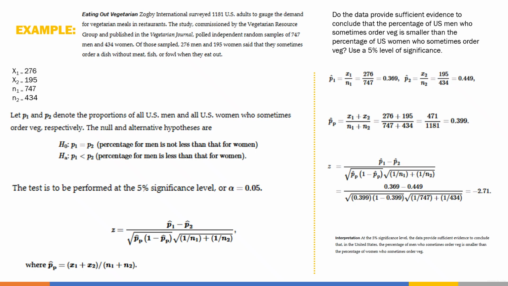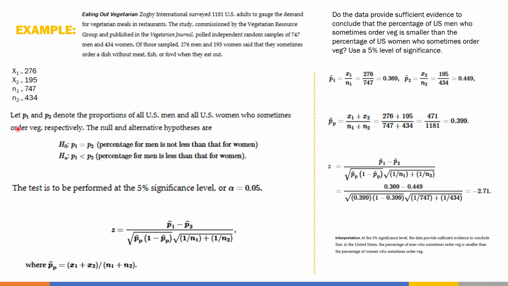So you're going to want to stop and write that down. As you're going through the equation, write down what you know. Let p1 and p2 denote the proportions of all US men and all US women who sometimes order vegetarian, respectively. Our null hypothesis is that the percentage for men is not less than that for women, or they're equal: p1 is equal to p2.